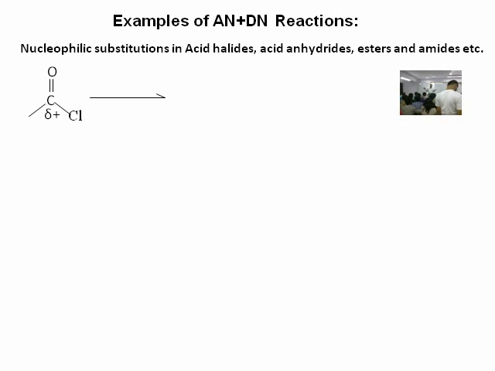If we add RO minus nucleophile, RO minus will react with the carbon, and the pi bond will be broken. You will get this anion as an intermediate. From this anion, O minus will form the pi bond, and Cl minus will be removed. After removal of Cl minus, we get an ester molecule.